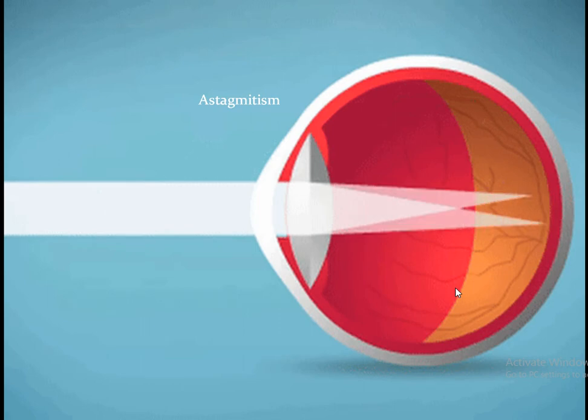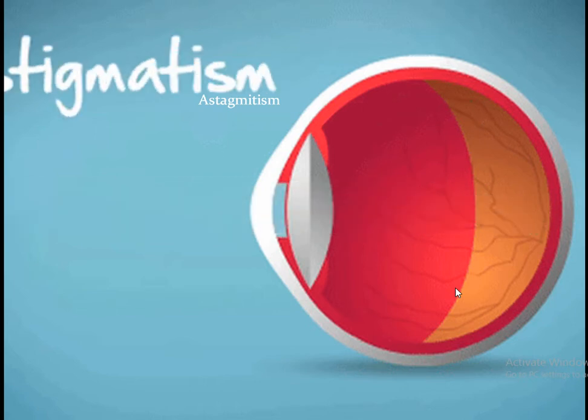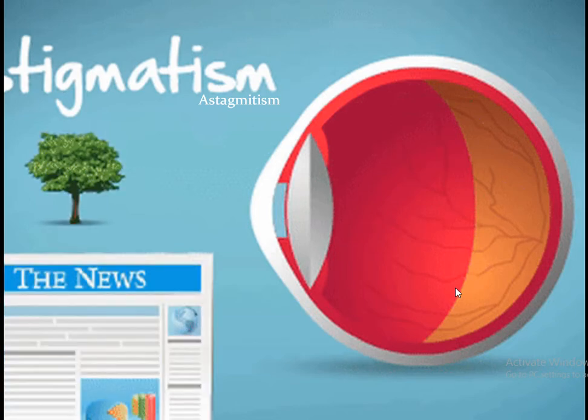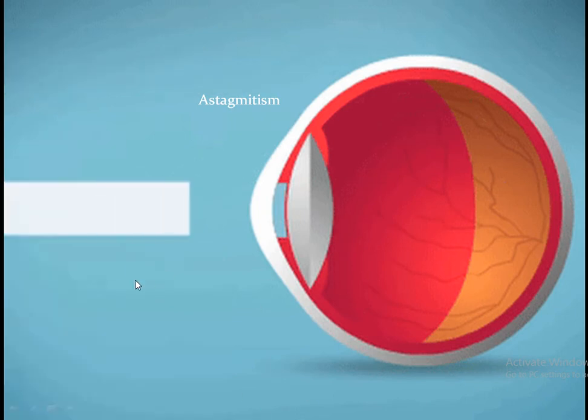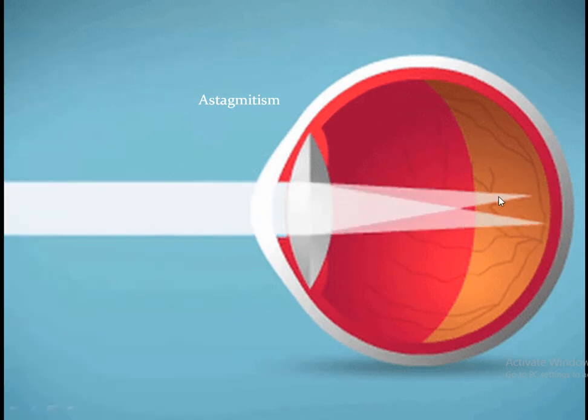This is the astigmatism in which it is clearly shown that the image is not formed on one focus point. Instead, you have a different situation. You can check this: blurring of the vision here, and the image is formed here in this manner, not on a fixed point, but in a line.